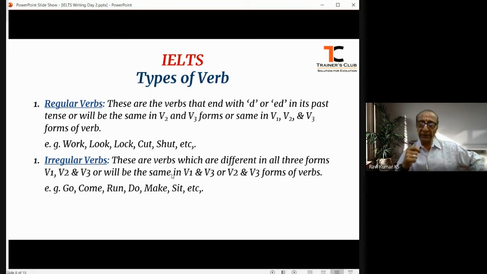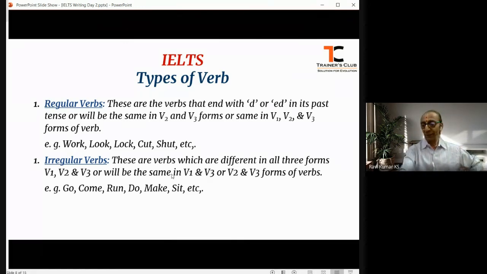That's why I said verb is a very, very important and a very critical part of speech to understand. As long as you don't understand the verb in the right manner, then the entire drama gets spoiled in the language of English.